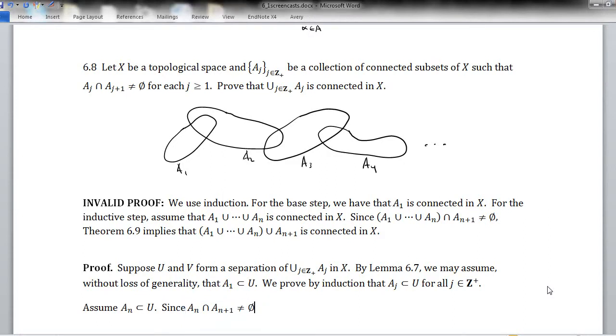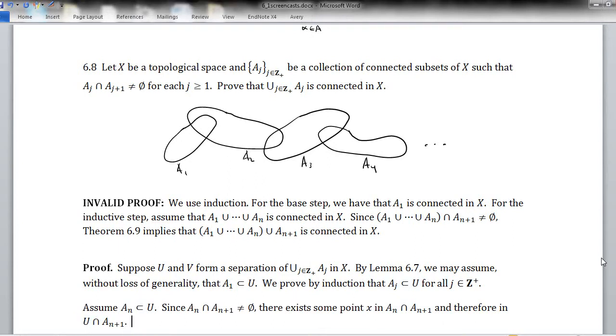Okay, so since that's true, there exists some point x in the intersection of these two sets. And, well, if it's in A sub n and A sub n plus 1, if it's in A sub n, it's in U as well, right? So we actually have that this point is in U intersect A sub n plus 1.